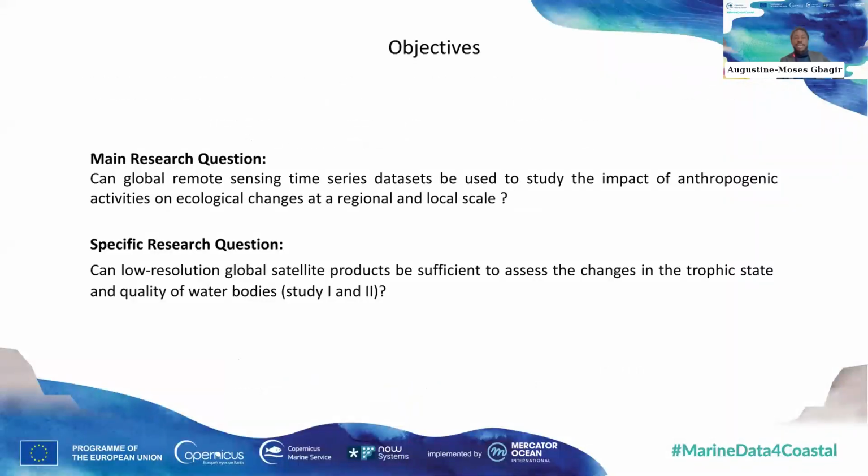First of all, we are mainly interested in seeing if it is possible to utilize global remote sensing data products to quantify or assess the impact of anthropogenic activities on ecological changes taking place both at regional and local scales, and specifically if it was possible to extract useful information in an aquatic ecosystem environment.